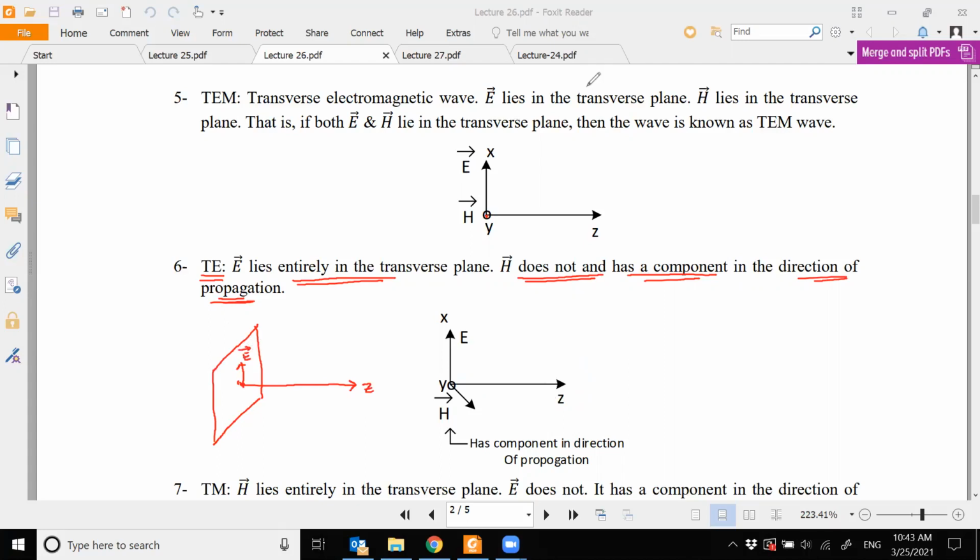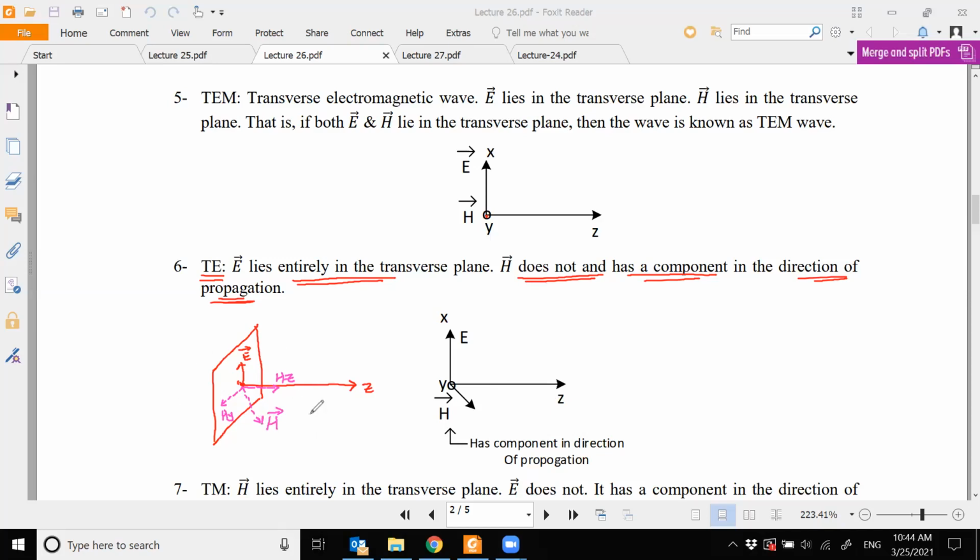But my magnetic field is not in this plane. My magnetic field is something like this. Then if you decompose it, you will get one component here, which is Hy, and another component here, which is Hz. So this is possible if this is your magnetic field.